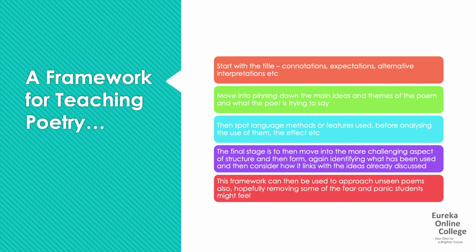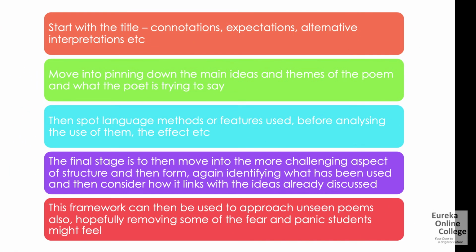As I mentioned back in Poetry 2, in terms of teaching poetry, I tend to follow the same structure each time in order to provide a framework for students to use when approaching any poem, as well as encouraging them to use ideas from the 4 strands of analysis, which I've also mentioned before in other units and will remind you of here later on.